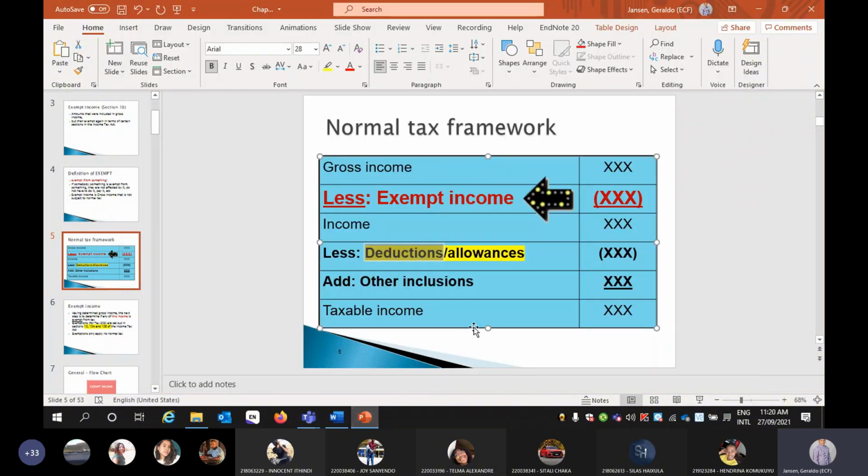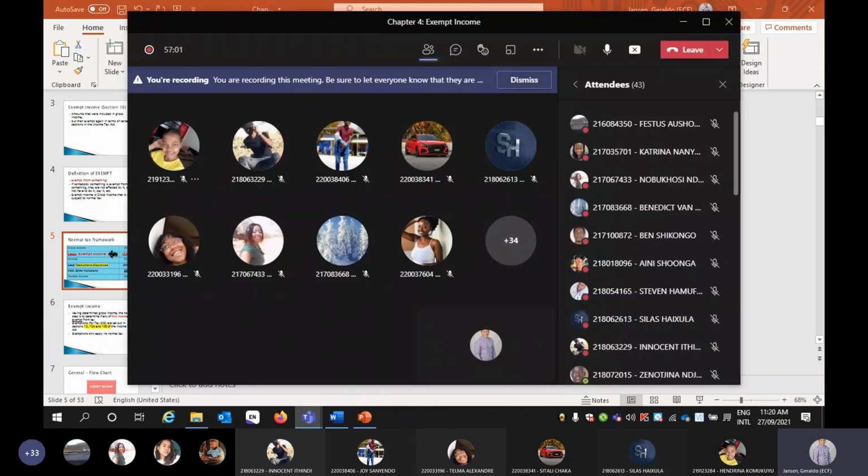Guys, I wanted you to look at annuity. What are annuities? Guys, if you have annuities, then it means one day when you retire, remember the thing is called retirement annuity funds, isn't it? RAF.